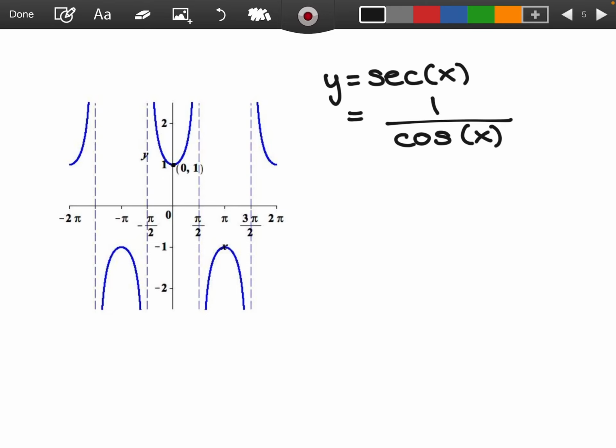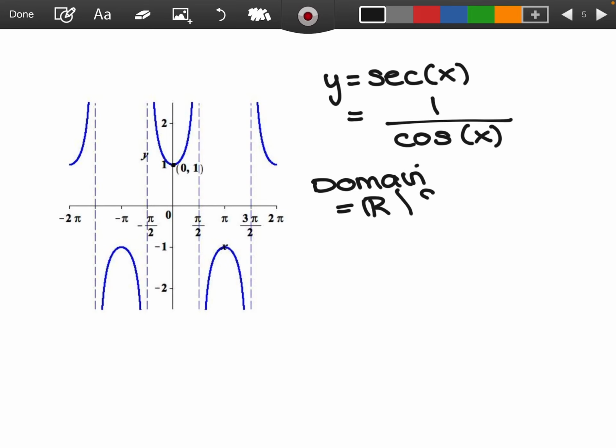So at all of those values where that cosine graph crossed the x-axis, meaning that the output was 0, at all of those angles, I get that cosine is 0 and therefore secant is undefined. So that was at all odd multiples of pi/2. So that tells me that I therefore get asymptotes at those values.